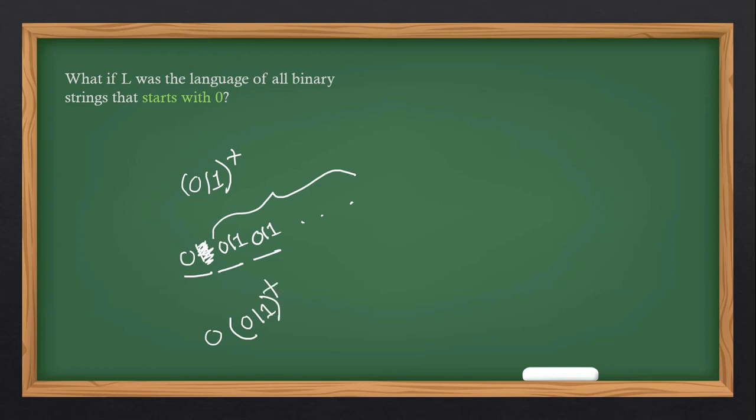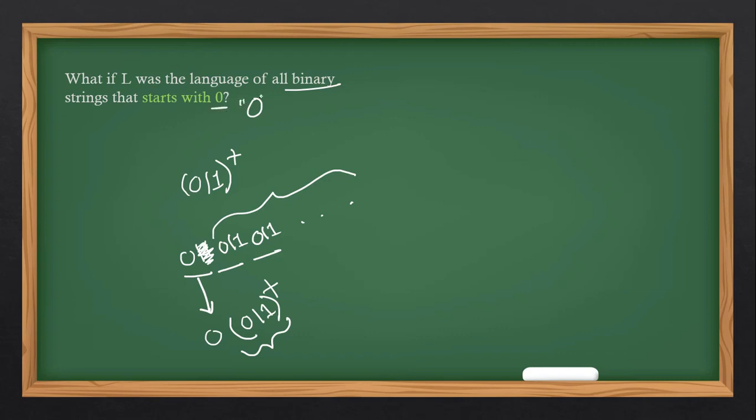Is that correct? Well, almost, but not quite, because now that we have established that the first symbol is going to be 0, we can have an empty string from the rest of it, because otherwise this language contains the string 0, right? Because 0 is a binary string and it starts with 0.